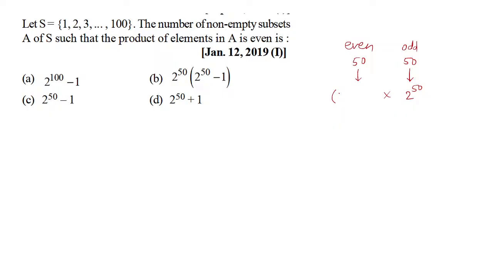Each even element has two options, whether to be part of the subset or not. So it becomes a total of 2 to the power 50 ways, minus that one case when no even element gets selected. No even element is part of the subset.